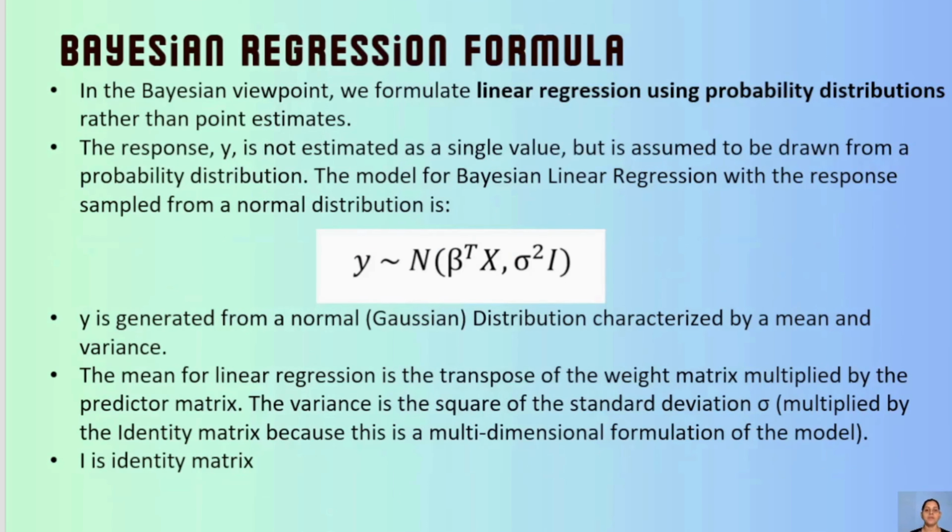Then we will see how Bayes theorem or the Bayesian regression formula comes into the picture. You don't have to remember this, you just need to understand the concept when I am explaining it. In Bayesian regression, we are formulating our regression using probability distributions, right? Here we are not proceeding with our normal regression formula, correct? So my target variable or response variable will stay the same.